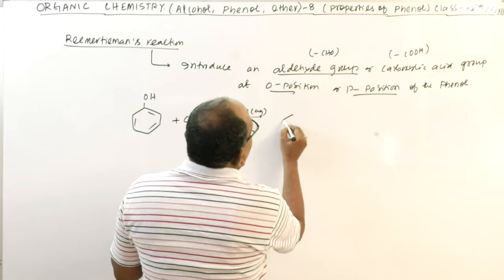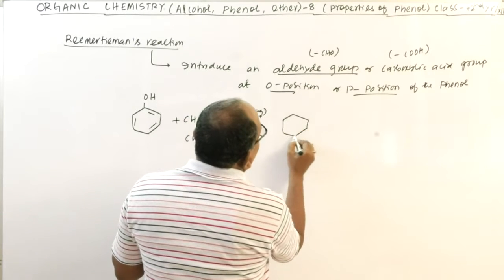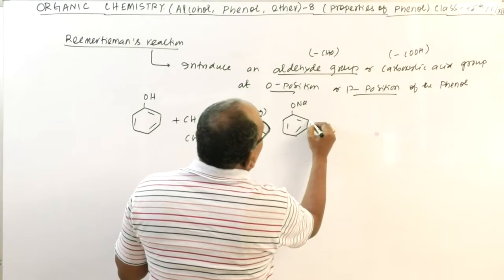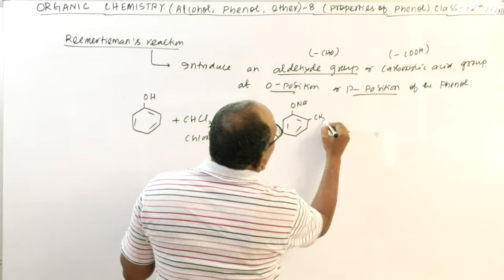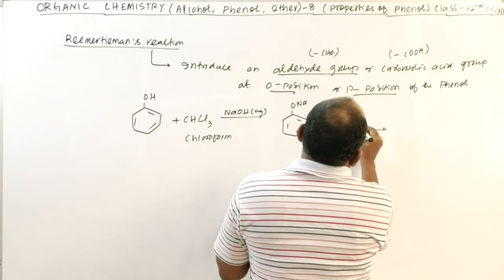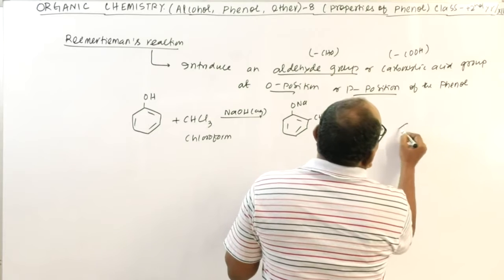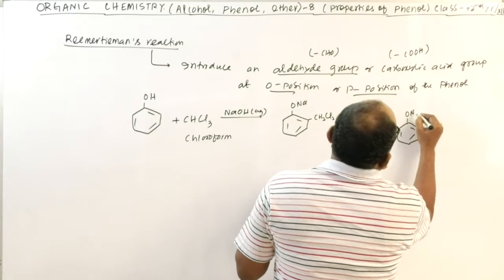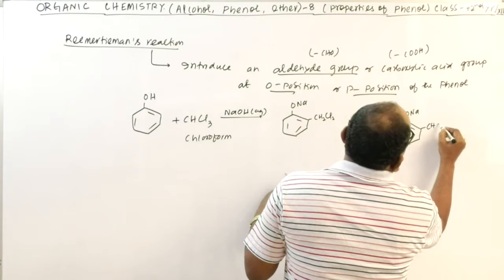At first it will form a compound like CHCl2, which upon hydrolysis with NaOH gives you the sodium salt with CHO.